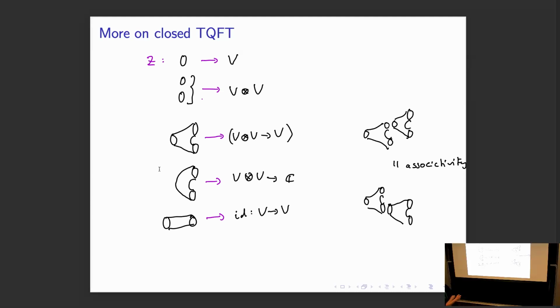Then, for example, this thing would be a map from V tensor V, so two ingoing circles, outgoing would be the empty set. So this would read as a map from V tensor V to C. And there's an identity on the circle that just looks like this. It's just this cylinder built on the circle. And then there are relations. So there's an associativity relation for this product.